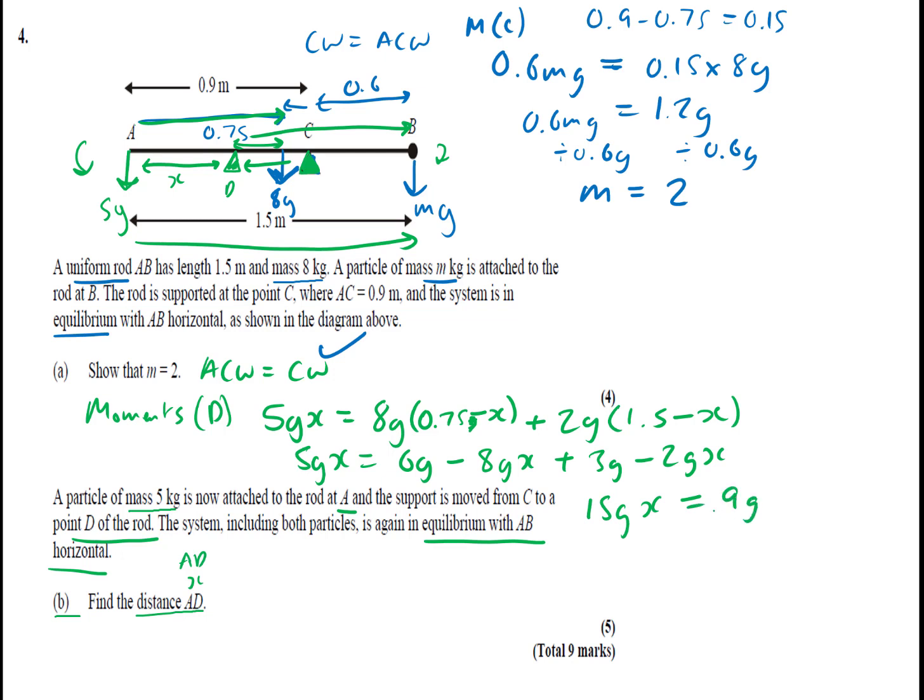By simplifying that, let's divide out by 15g. So x equals 0.6. So AD equals 0.6 meters.